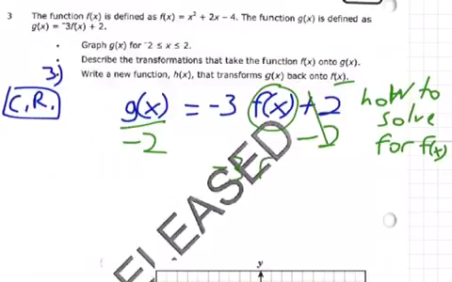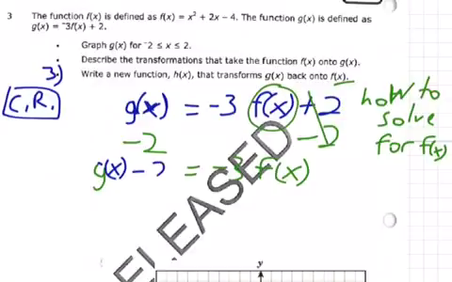And then I'd have negative 3 times f of x equals g of x minus 2. It looks like I'm dividing, I'm not. That was just when I underlined g of x. And then if I'm multiplying by negative 3, I still want to get f of x by itself, so I divide by negative 3.